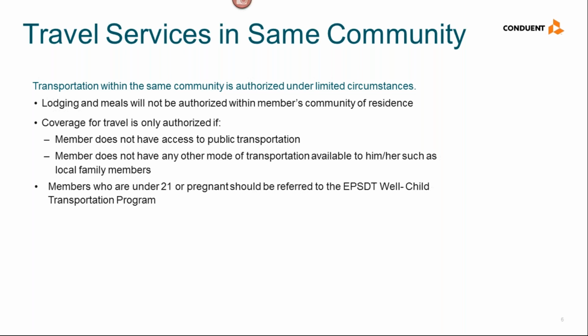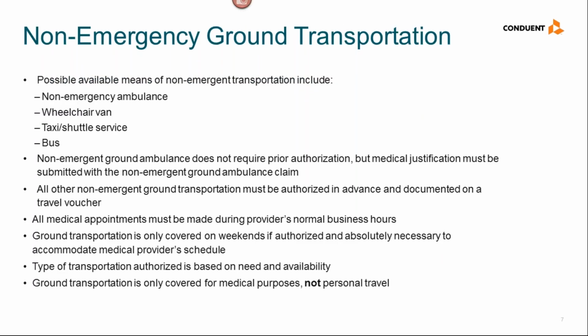The possible available means of non-emergent ground transportation include non-emergent ambulance, if the person needs that level of medical support, wheelchair van, which a lot of your clients very likely are traveling through, taxi or shuttle service, and bus. Non-emergent ground ambulance does not need to be prior authorized.